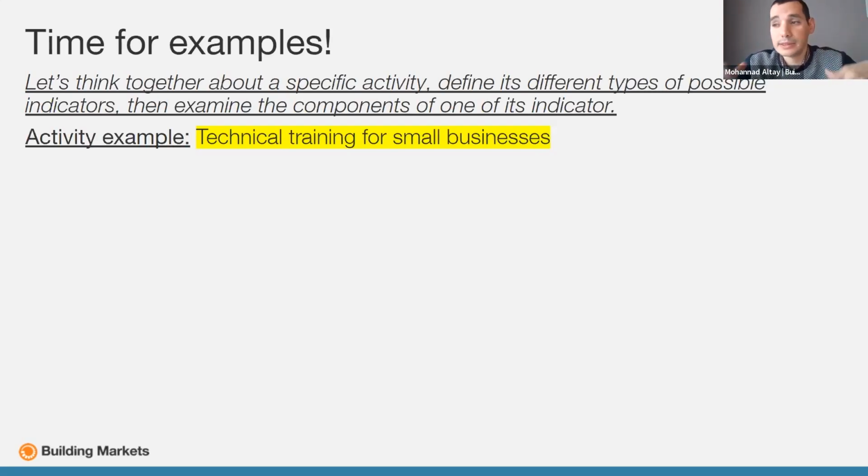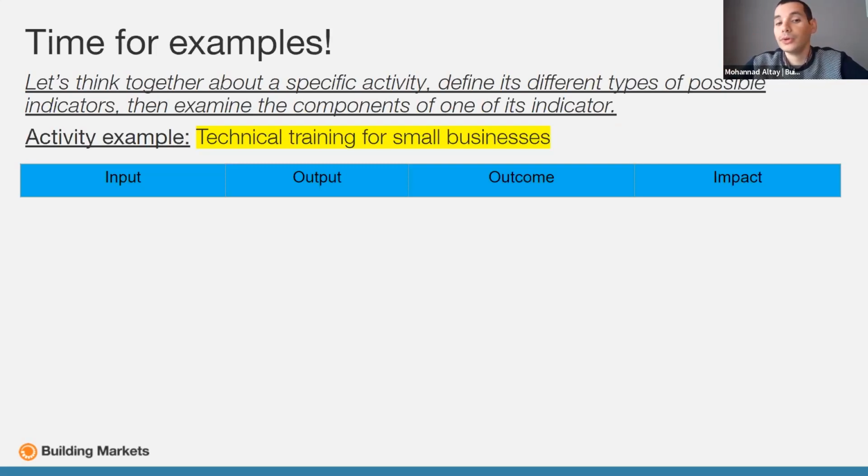A training service is very common, whether in livelihood, protection, or WASH programs. It can be delivered in different types of projects, so this example is very applicable to other projects as well. All right, so we will choose this service, and now we will think together of the different kinds of indicators that we can select for our service.